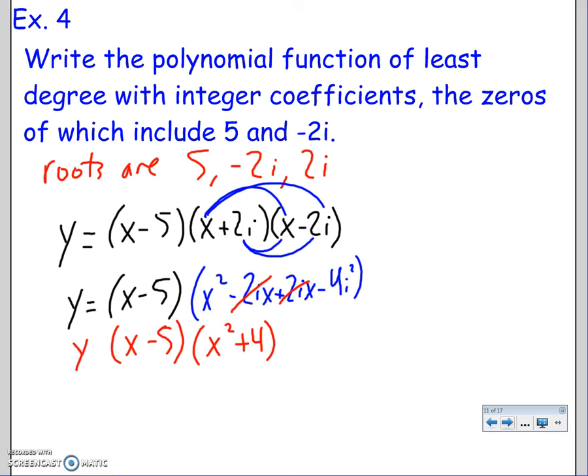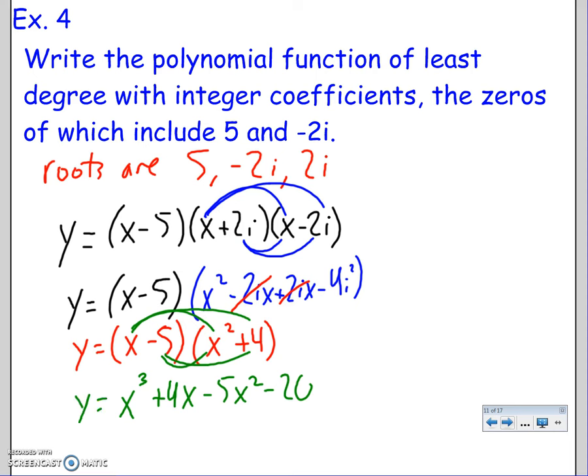So here's where I am now. And then I'm going to FOIL again. x times x squared is x cubed. x times 4 is 4x. Negative 5 times x squared is negative 5x squared. Negative 5 times positive 4 is negative 20.